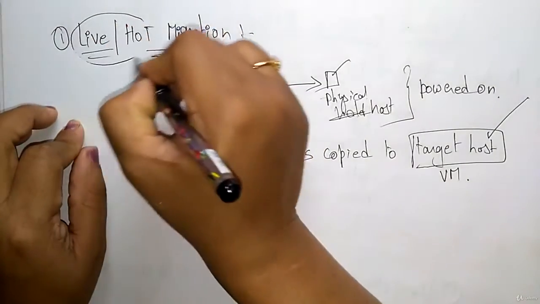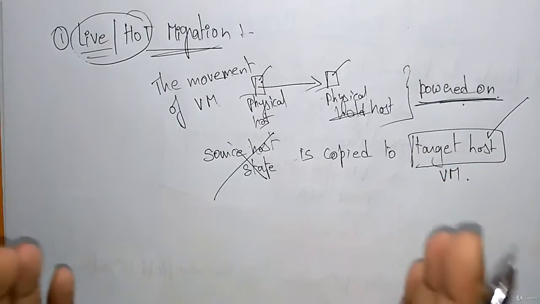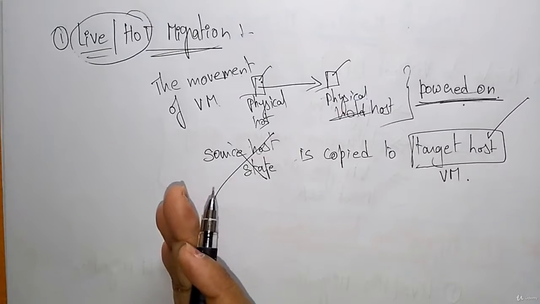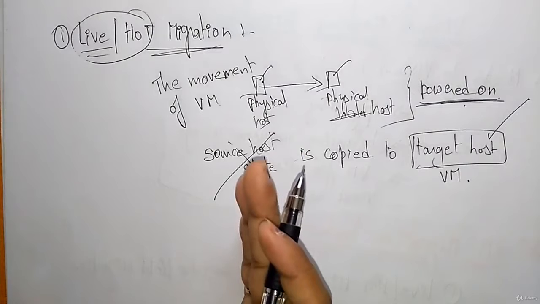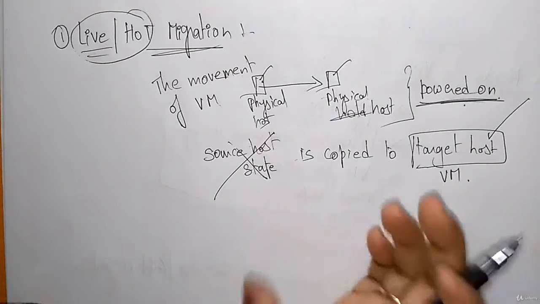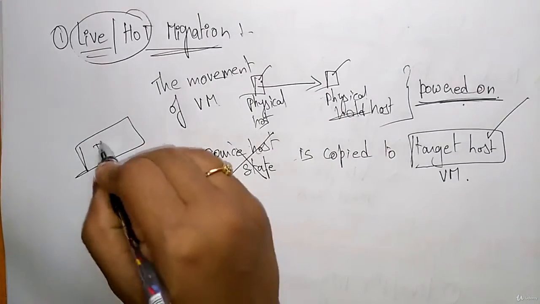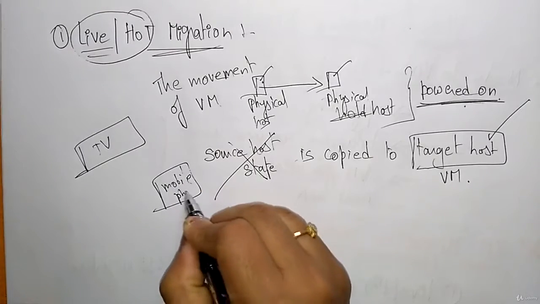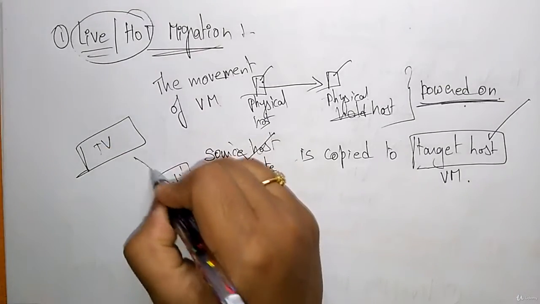Live or hot migration is whenever it is done in powered on state. Whenever you are doing everything while powered on, only then you call it live or hot. Suppose you are accessing your TV. This is a TV and here is a mobile phone. Whatever display is on the phone, you are going to connect to the TV.